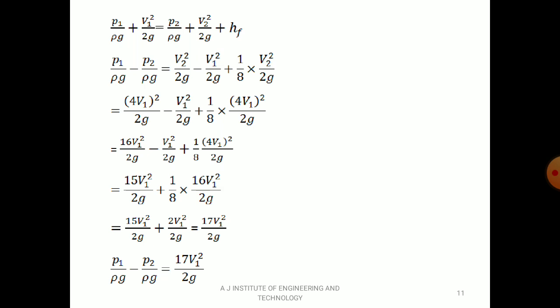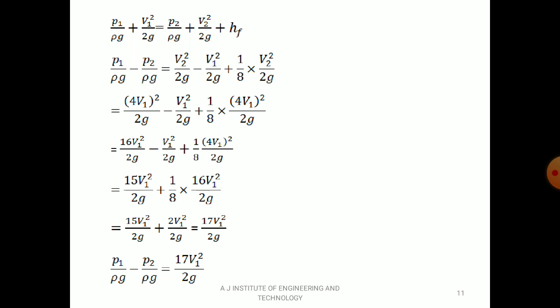So we can simplify. So 4 V1 square is 16 V1 square. 16 V1 square divided by 2g minus V1 square divided by 2g as it is, plus 1/8 into 4 V1 whole square divided by 2g. So 16 minus 1 V1 square, that becomes 15 V1 square divided by 2g plus 1/8 into 16 V1 square divided by 2g.